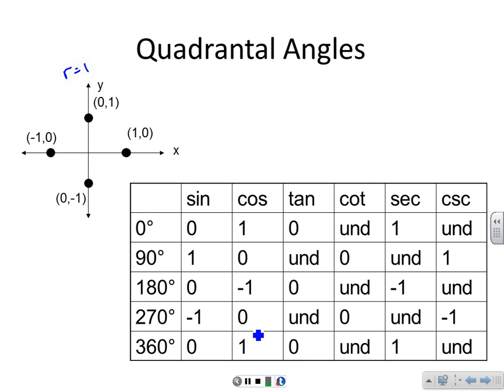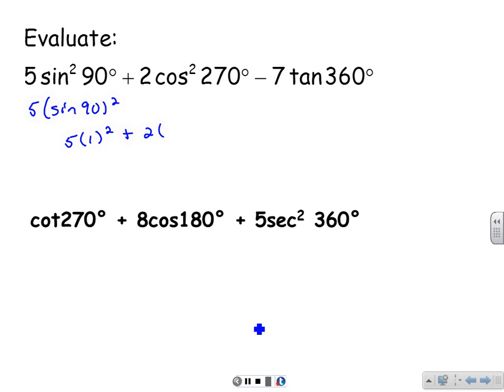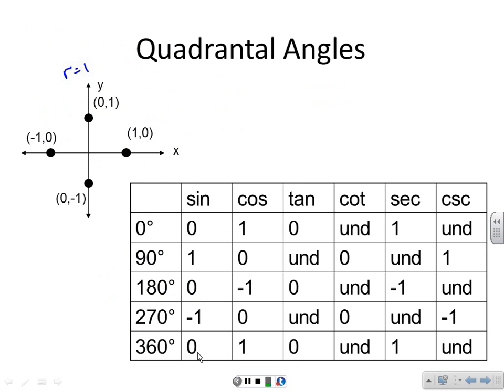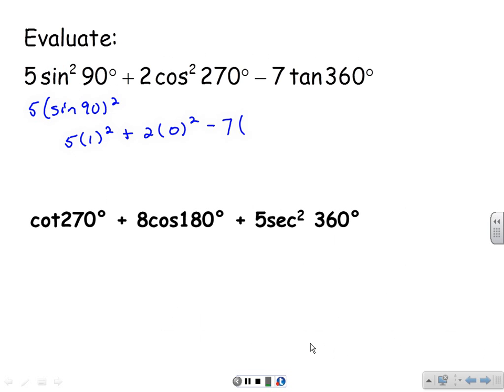Cosine of 270 is going to be 0. Minus 7 times tangent of 360 degrees. Tangent of 360 degrees is 0 as well. So what we're going to have is 5 plus 0 minus 0, which is 5.